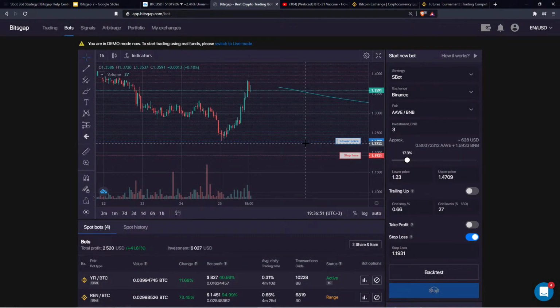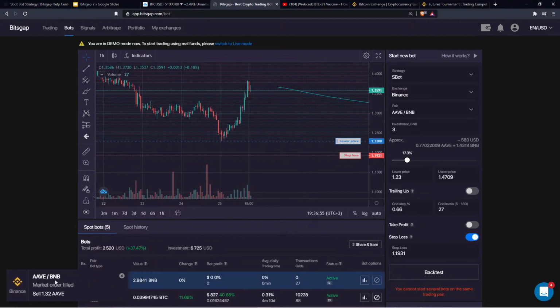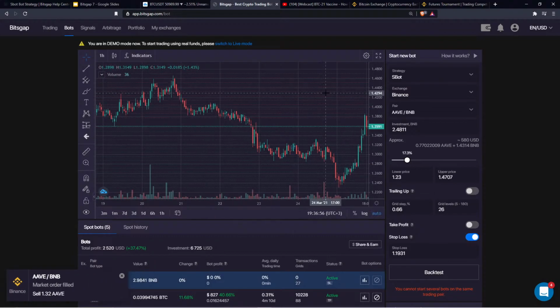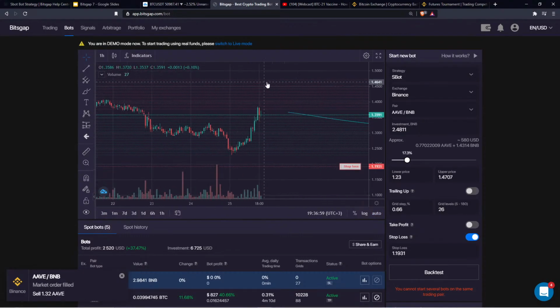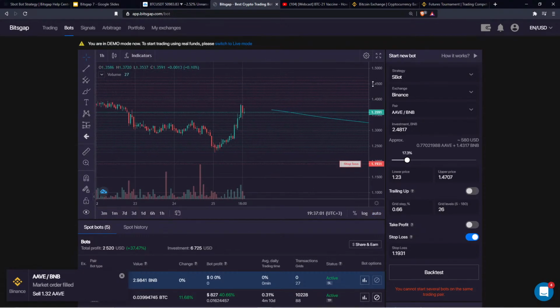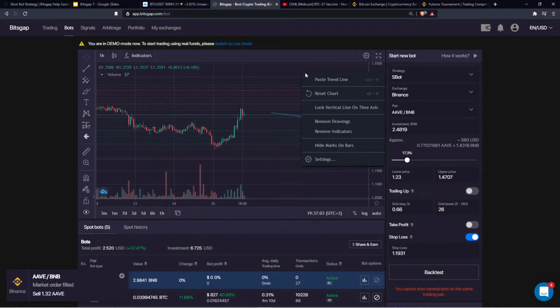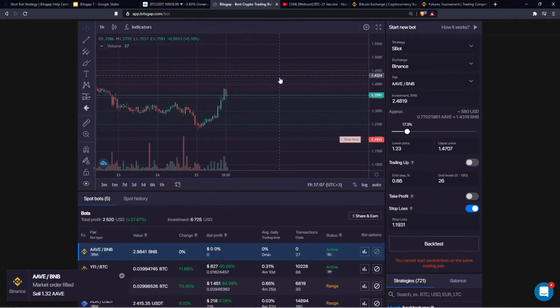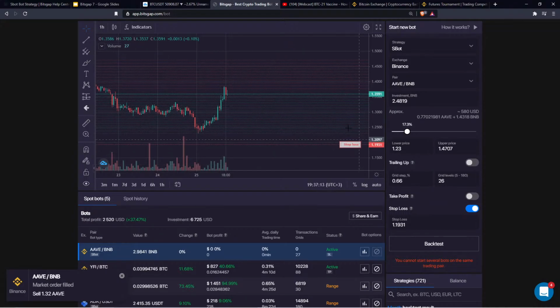If you don't have Aave on your balance, it will just buy it with a market buy order, so that you don't waste time. Okay, so here we go. We have our bot active here. You see all the grid sells and grid buys, they are perfectly visible on the chart. The stop loss is over here, so everything is perfect.